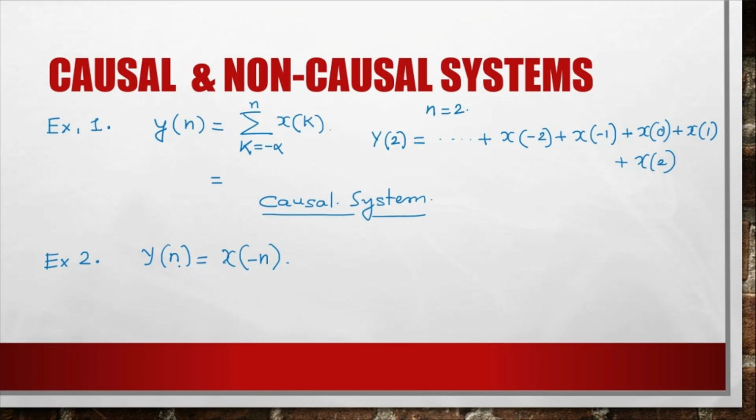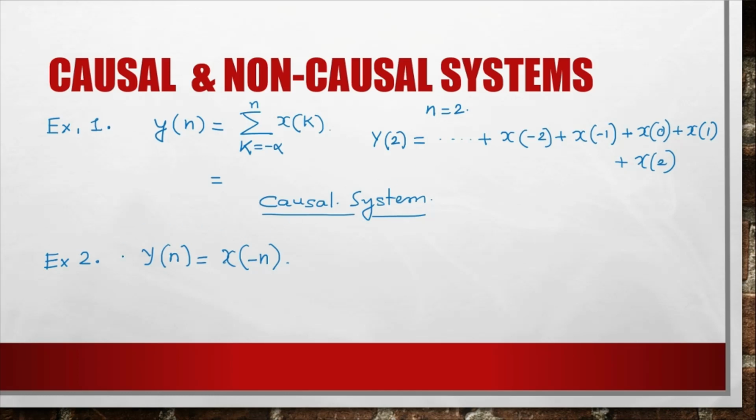In this case, you take different numbers. You can take n equal to 0, and a negative number, n equal to minus 1 or minus 2. As I have taken 2, you can take a positive value, a 0 value as well as a negative value, and find whether the system maintains the causality condition or not.